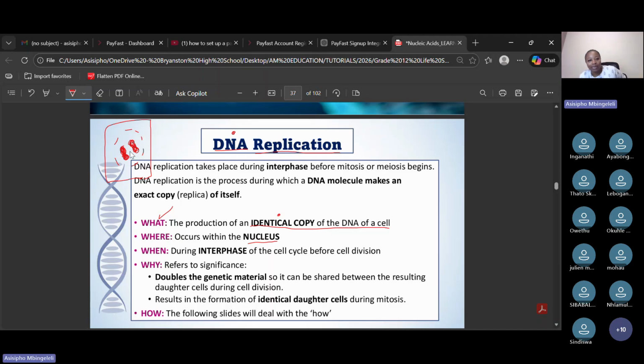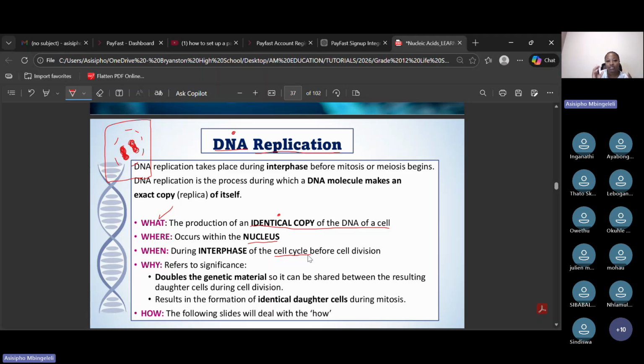When will it take place? Okay, we know what it is. We are making a copy. We know it's going to take place in the nucleus, but now when exactly? There's what we call a cell cycle. A cell undergoes cell division. But before it undergoes cell division, there are different stages that it will need to go through.